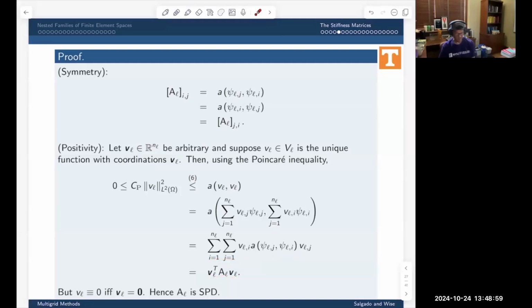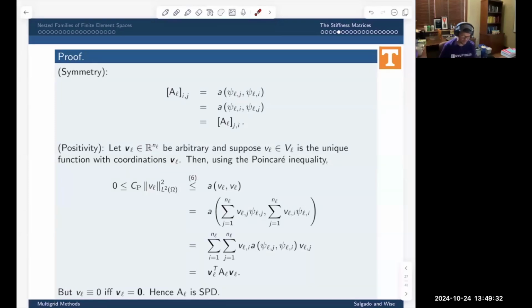Now, here's where we get positivity. We already know symmetry. We get positivity from the fact that this is greater than or equal to this function here, or this functional norm. This guy is equal to 0 if and only if it's the 0 function in L2. That says that the only way that this thing can be equal to 0 is if the function VL is 0, but that means that the coordinate vector would have to also be exactly equal to 0.